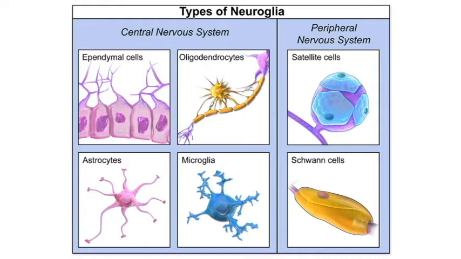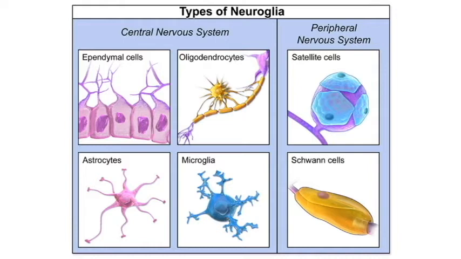They serve for provision of nutrients to the nervous tissue, maintenance of extracellular ion balance, and the role in the repair and scarring process of the brain and spinal cord following traumatic injuries.